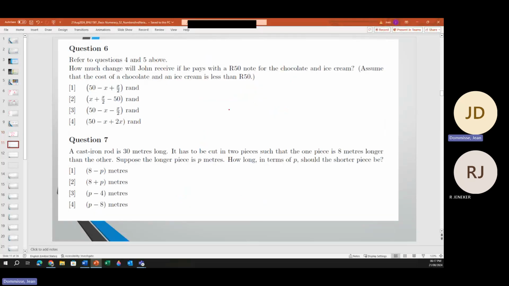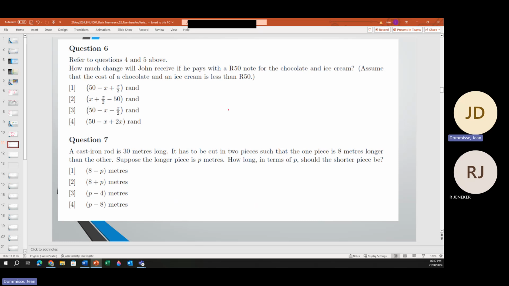Okay, so let's look at a few extra questions around this. Again, they talk about the ice cream and the chocolate. How much change will John receive if he pays with a 50 rand note for a chocolate and ice cream?